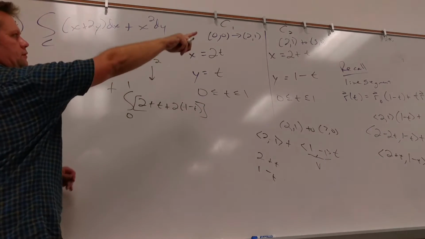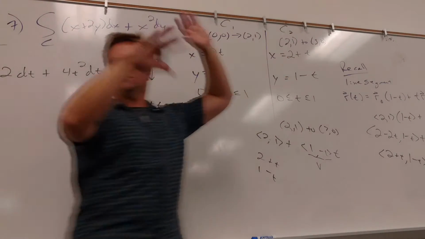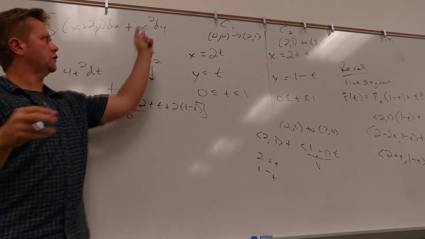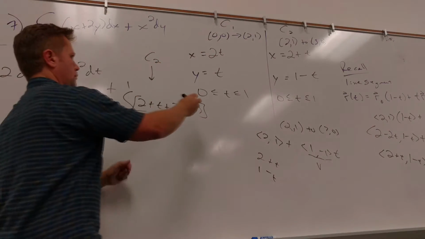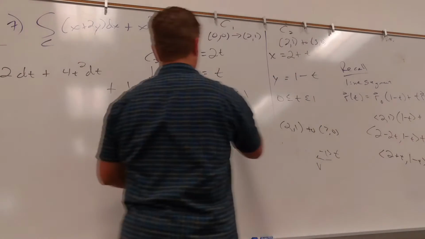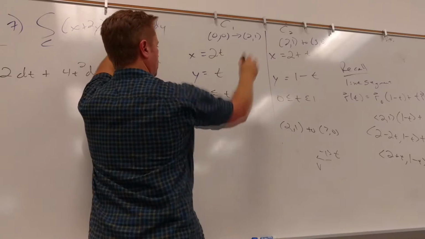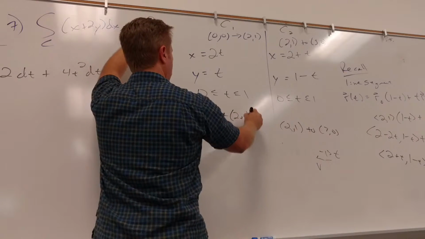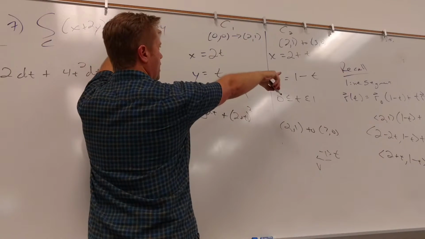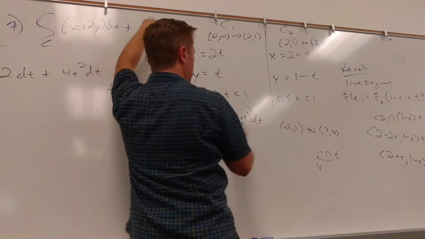What's dx for curve 2? dt. Is everybody with me now? I'm just doing the same thing, just for curve 2. dt. Plus x squared, 2 plus t squared. dy is going to be negative dt.